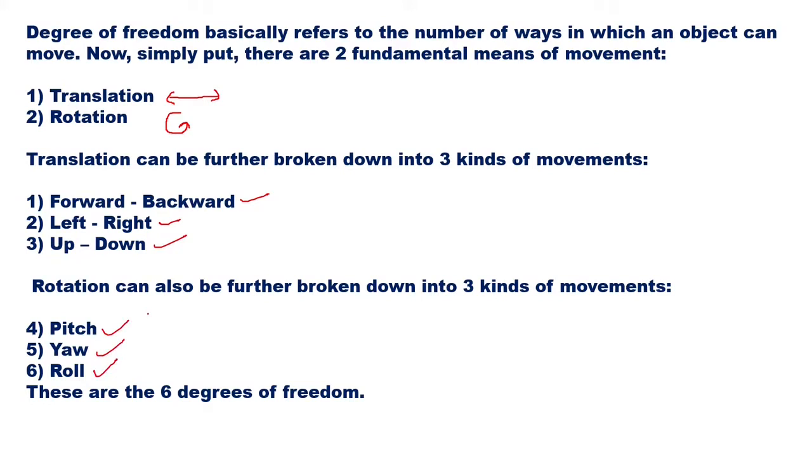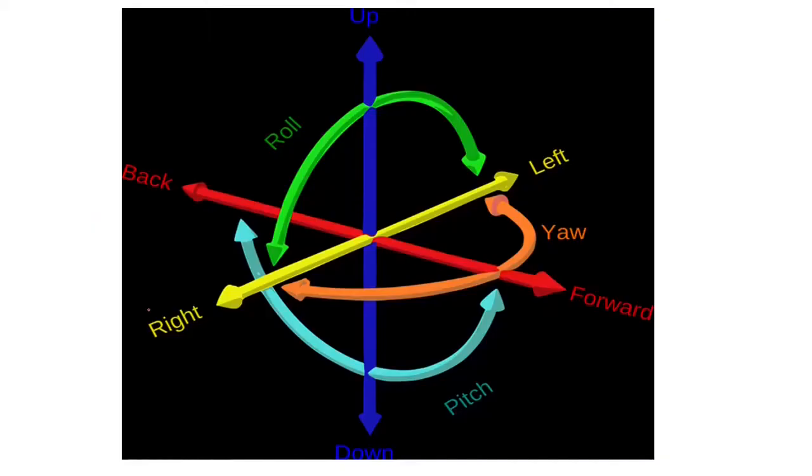But before that, we see that translation is of 3 types and rotation is of 3 types. So 3 plus 3 is equal to 6. So there are 6 degrees of freedom. Here you can see the blue line shows up and down movement. This is back and forward movement.